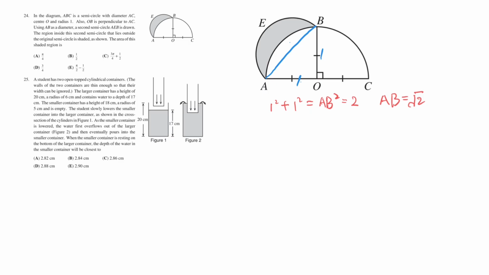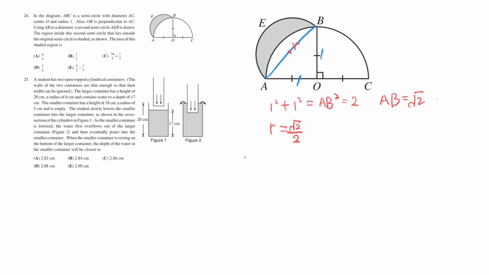AB is the diameter, so the radius will be half of AB, that's root 2 over 2.